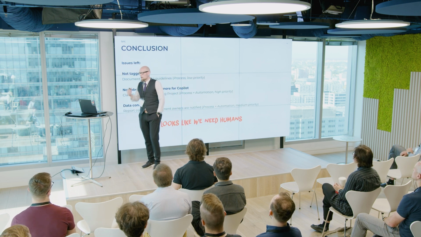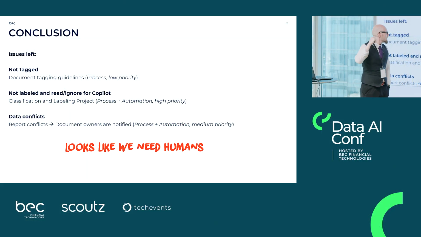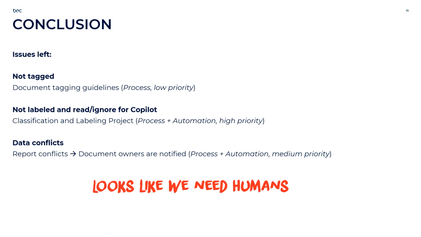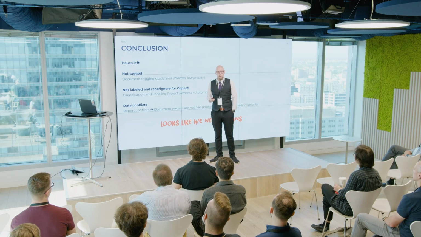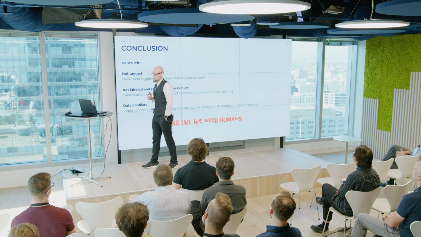So, I structured the issues we have left. We have to tag documents manually, not for the AI, but for ourselves. Because at some point down the line, we're going to want to create a better data structure. And again, not for the AI, because as demonstrated, it does not care. But for us humans, we do like a bit of structure, or at least some of us do.